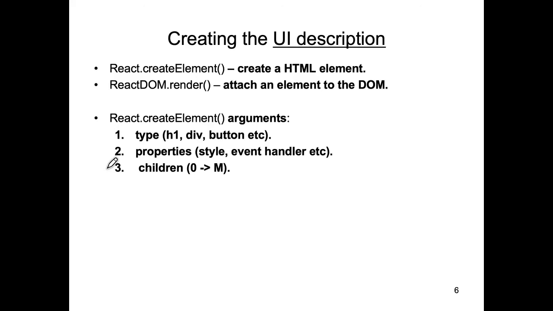Now, we know, of course, that when we write HTML, it's a nested data structure. We can have elements within elements, as in we might have a div, and inside the div, it might have a paragraph followed by a header, followed by a button or something like that. React.createElement allows us to express that kind of hierarchy by using this third argument here.